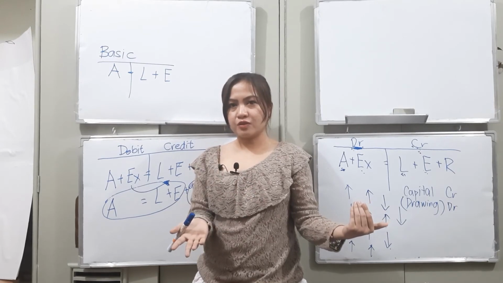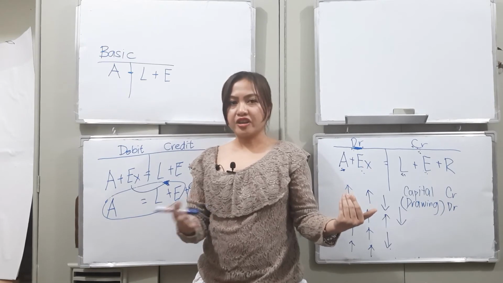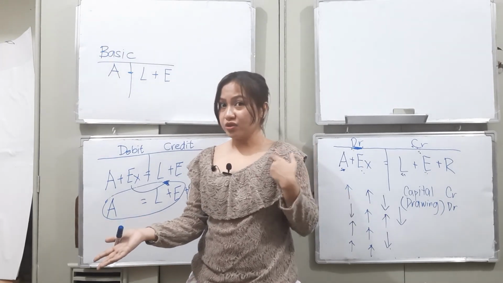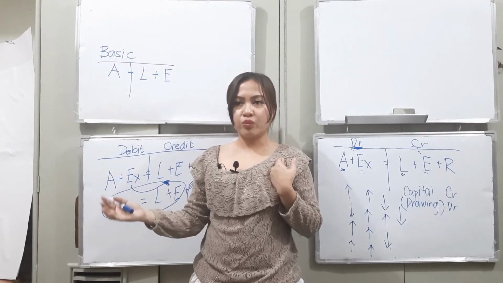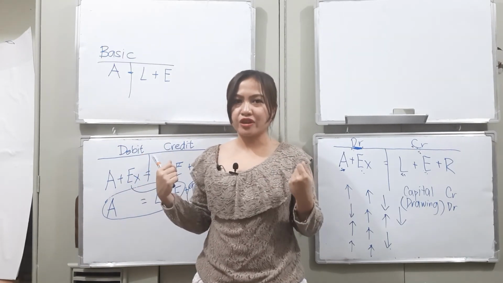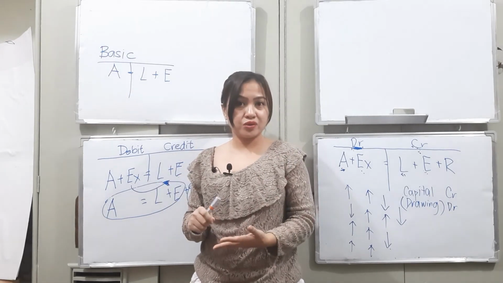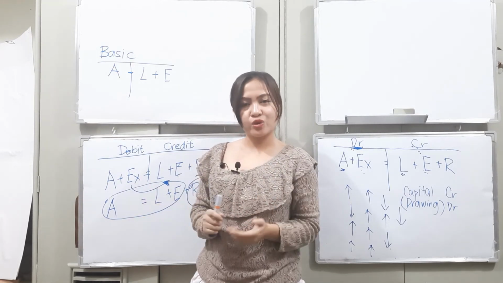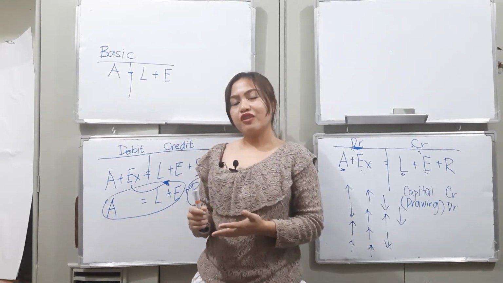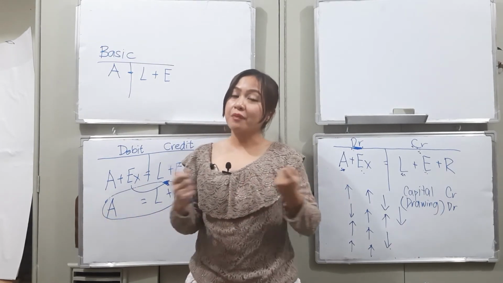It could be office equipment. So, credit, notes payable. We are the ones who borrowed with a promissory note. But if we will pay our promissory note, we will get back our promissory note. Why get back? Because we are the ones who borrowed, we are the ones who issued it. That's why, credit, notes payable. But if we will pay it, we make sure that we will take back the promissory note.